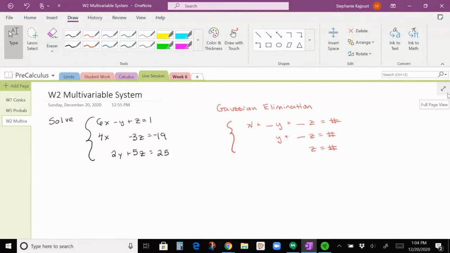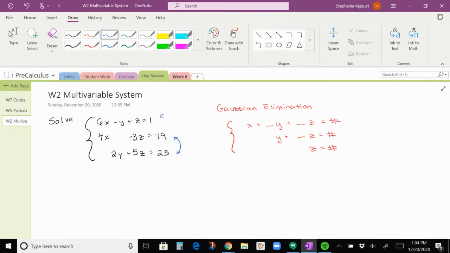The second equation has an X and a Z instead of a Y and a Z. The third equation has the Y and the Z. So you're thinking ahead and you're trying to get this in your form. And so if we're using the form for Gaussian elimination, we'd probably want to flip-flop equation 2 and equation 3 so that you have equation 2 with your Y and your Z so that it's in the right form.